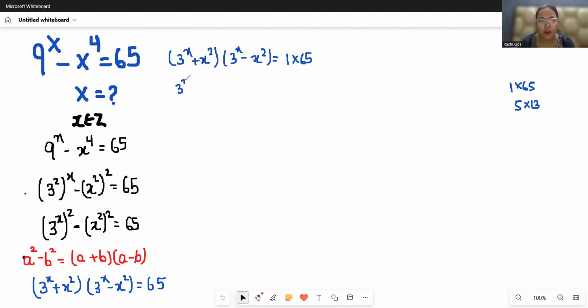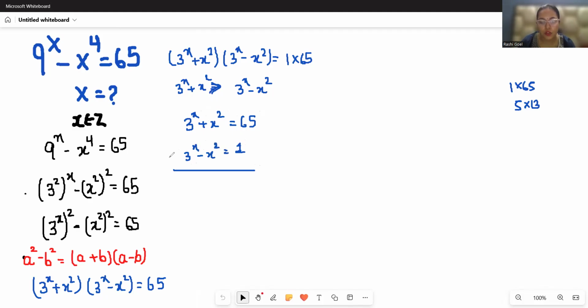So 3^x + x^2 must be greater than 3^x - x^2, because here is positive x^2 and here is negative x^2. Now 3^x + x^2 will be taken as 65 and 3^x - x^2 will be taken as 1.